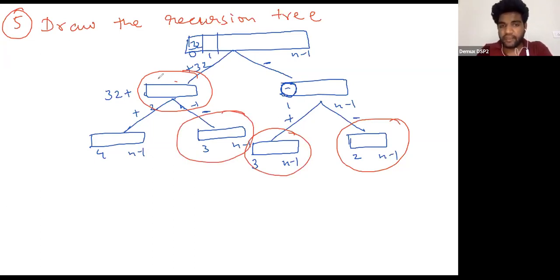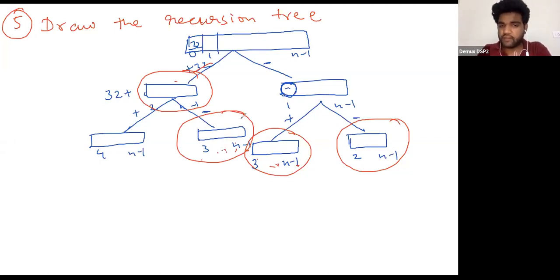So when you are solving for this part of the problem, you are solving for 3 to n minus 1. Now when you are solving for this part of the problem, you are again solving for 3 to n minus 1. So from here, I will conclude that I don't need to solve 3 to n minus 1 twice.